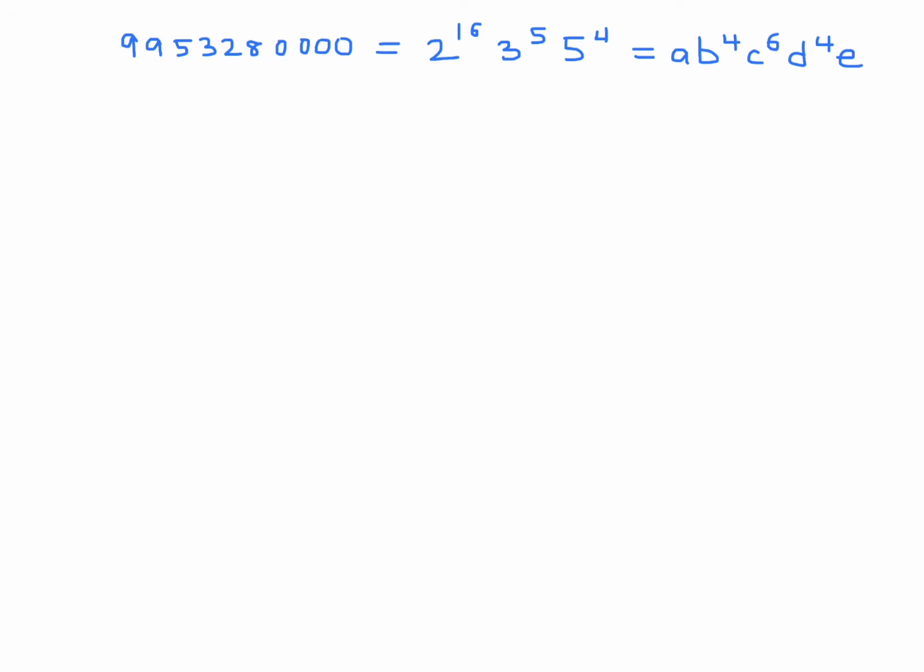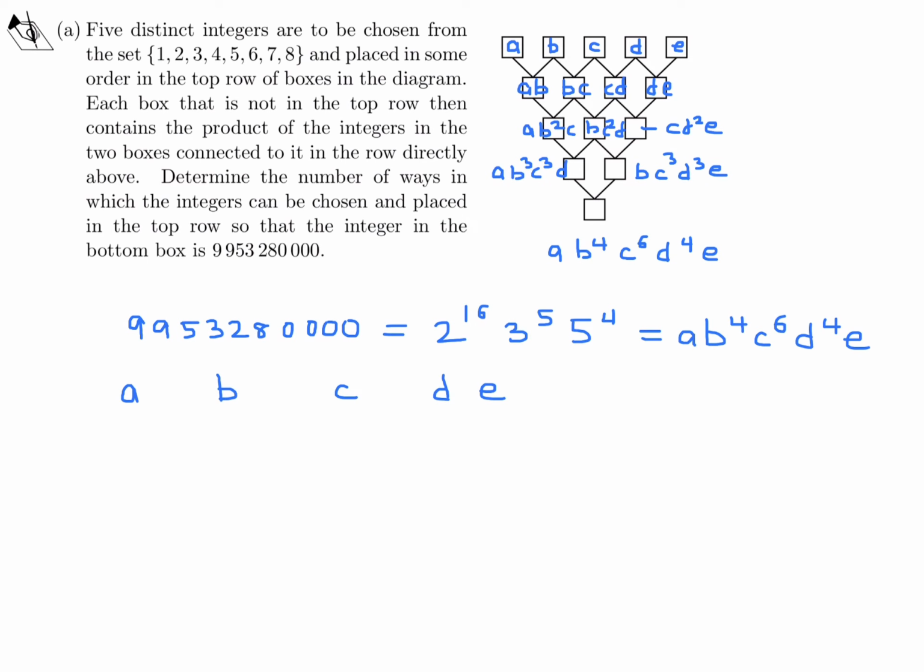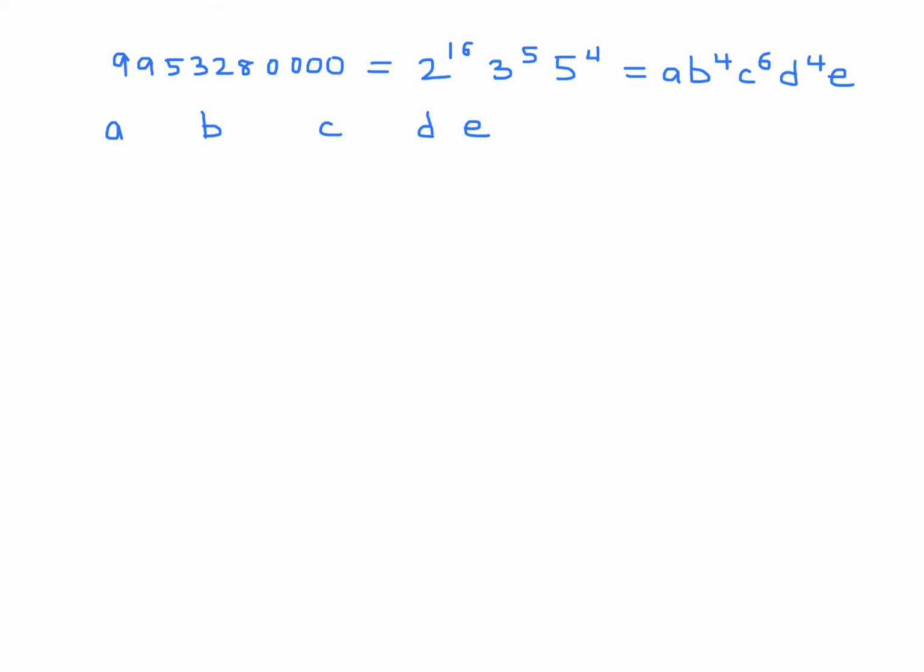Well, how can we do this? We can do some trial and error, and it shouldn't take that long because there are a few things that you can recognize immediately. The first is that our list was from 1 through 8, so we had to choose from the digits 1, 2, 3, 4, 5, 6, 7, 8.